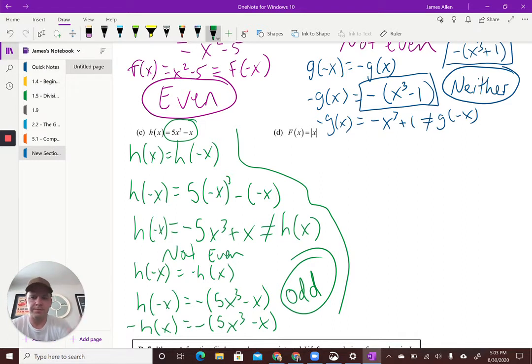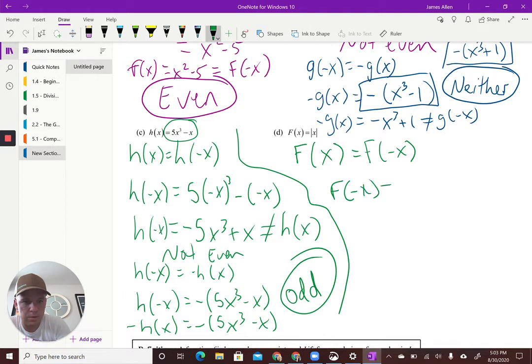Cool. Let's keep going. So now I have an absolute value function. So let's test for even. That is a capital F. I'll keep it as such. And then we want to see, does that equal f of negative x? Okay, well, f of negative x equals that.